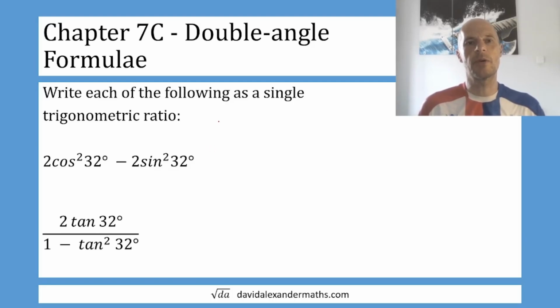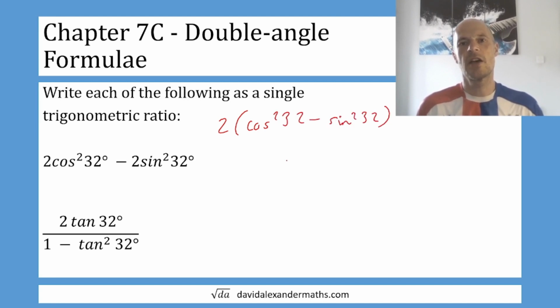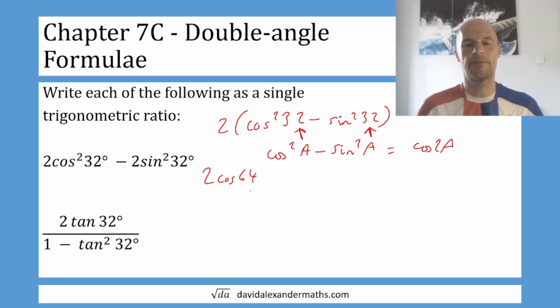On the top one, we can see that this is 2 lots of cos squared 32 take sine squared 32. Hopefully we now know that cos squared A minus sine squared A is the cos of 2A. Here A is 32, so 2A will be 64. So this is 2 cos 64.